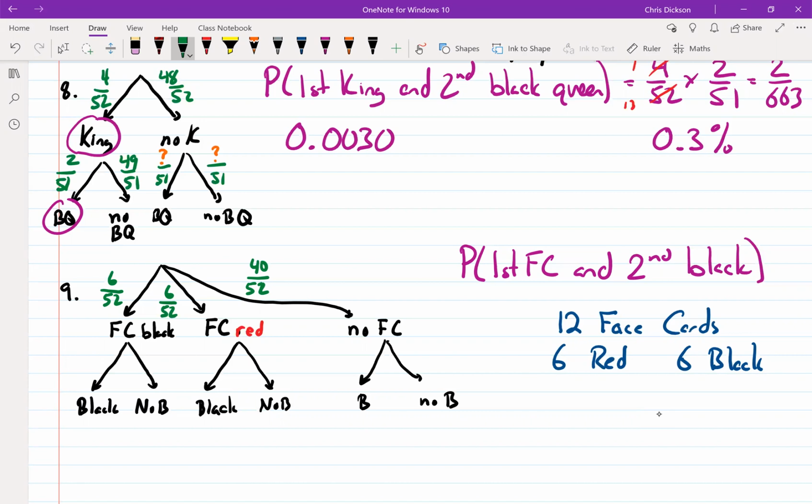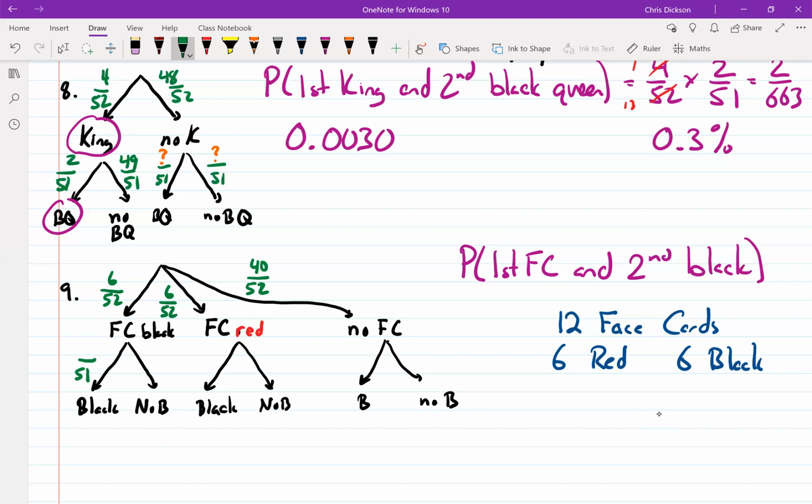Now, I need to sort of branch into 3 here because if your face card was black and you didn't put it back in, you would have 1 less black card in the deck. And then if you didn't replace it, you'd also have 1 less card overall in the deck. So this is going to definitely be out of 51. And now remember, you've removed a black face card.